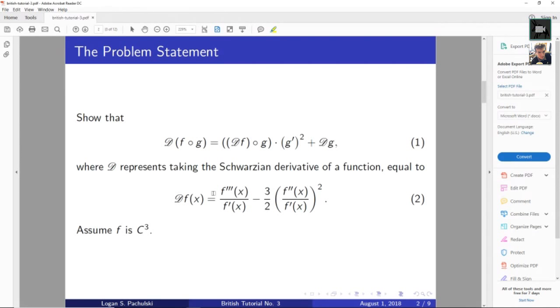Let me think about this some more. We could simply reinsert this into our definition of derivative, except with f prime instead of f.